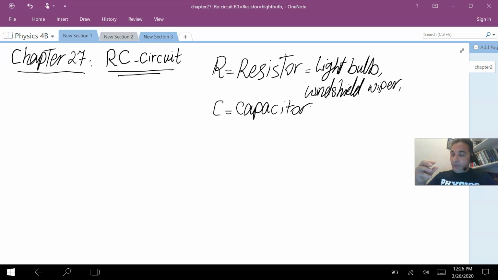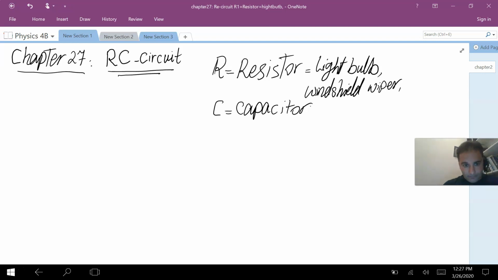If you put on 2, for example, let's say every 2 seconds it will work. If you put it on 4, it will work every 4 seconds. So what do we have here? We control it. We need time. If we need time, you need RC circuits.